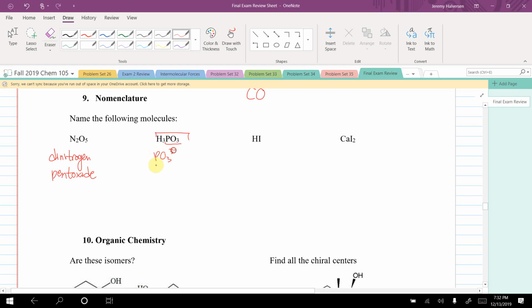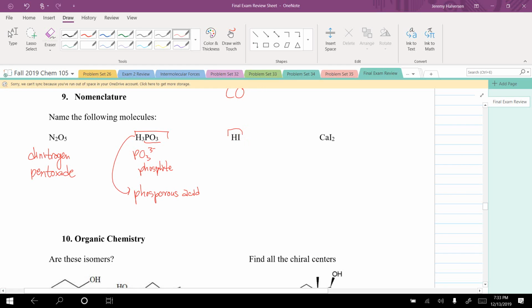So PO3 3 minus is phosphite, which means the acid would be called phosphorous acid. Ate turns to ic, ite turns to ous. Ringing some bells. What is this?